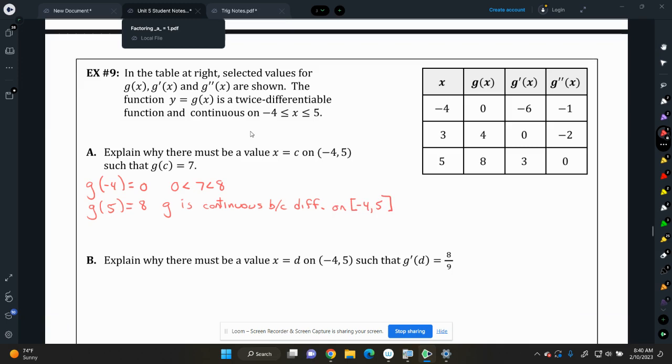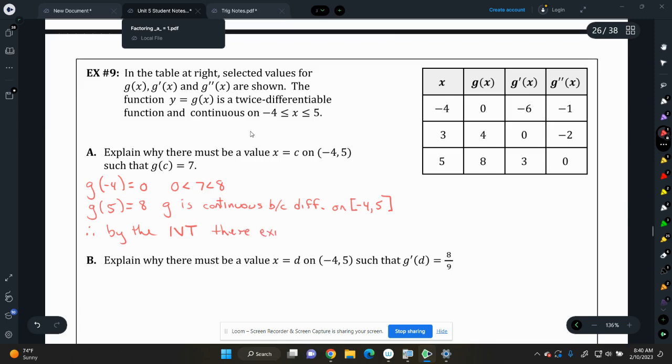Which theorem am I going to use to state this? Intermediate value theorem. Yes. Therefore, by the intermediate value theorem, okay, let's get our wording right.